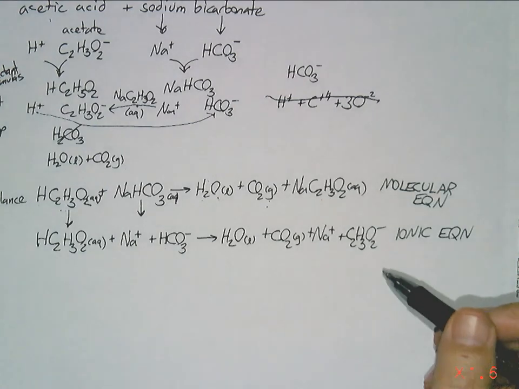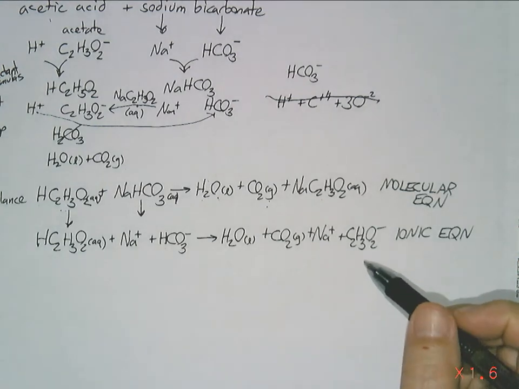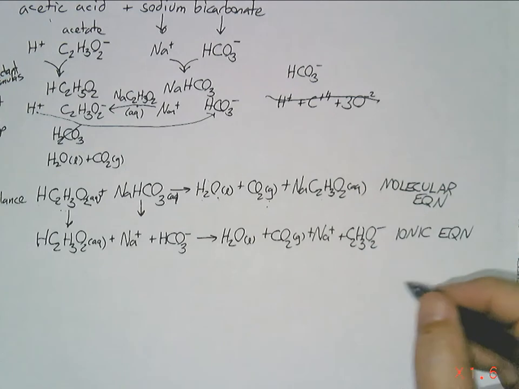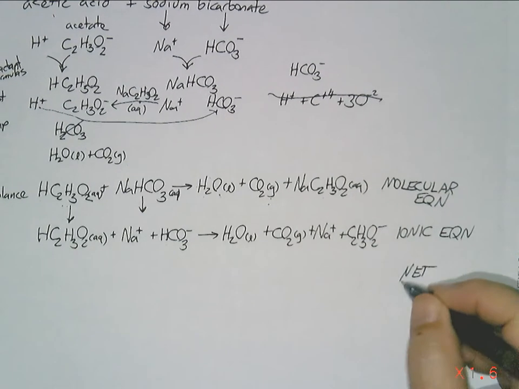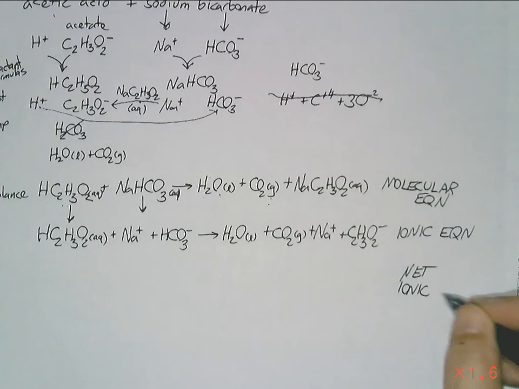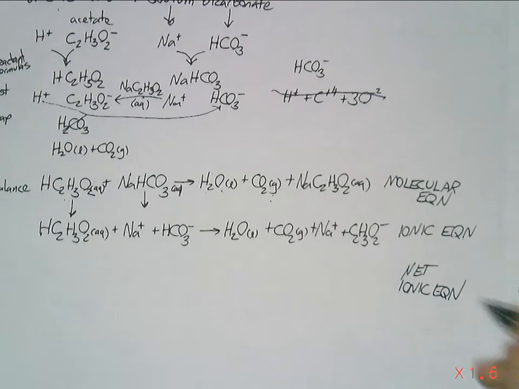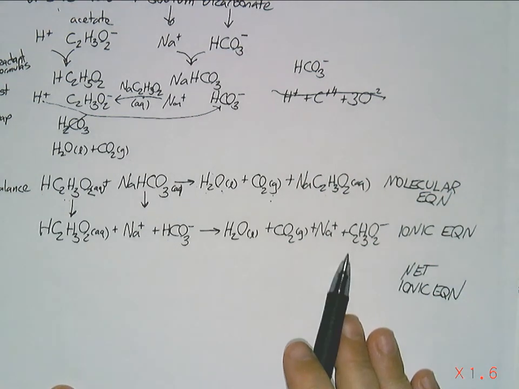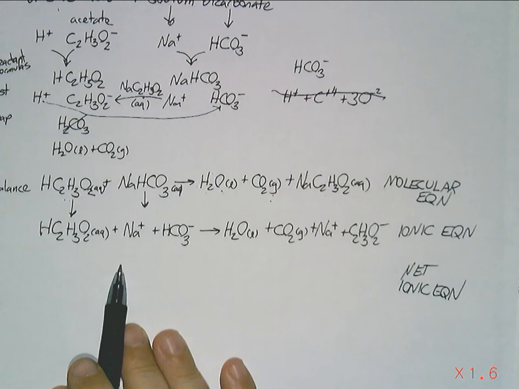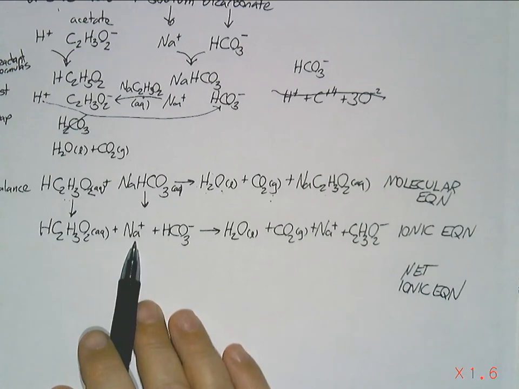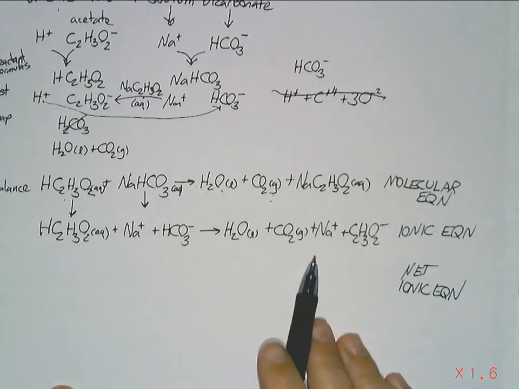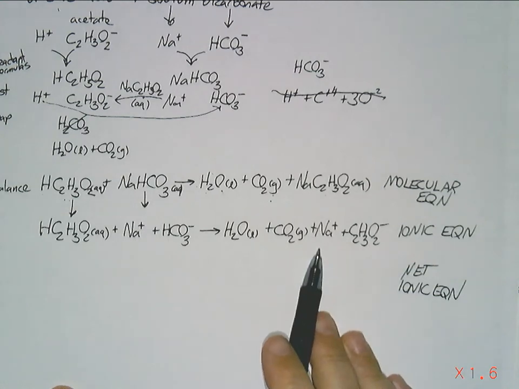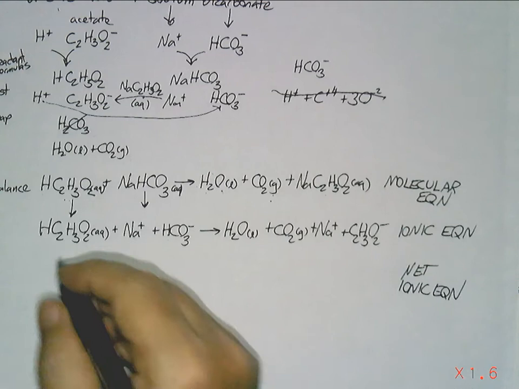Now, what about the net ionic equation? All right, we're going to look for spectator ions, that is, things that are the same on both sides of the equation. They don't really participate in the reaction. And if I look at this, there's only one spectator ion. It's the sodium. It's the same on both sides. Everything else is participating in the reaction.